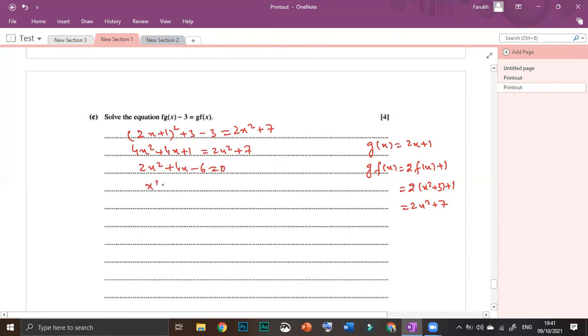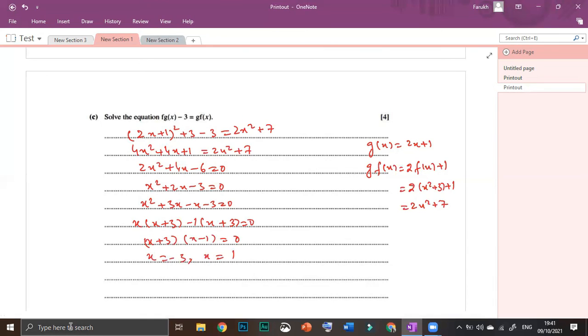Divide throughout by 2. Break the middle term. x is equal to minus 3 and x is equal to 1 are the answers.